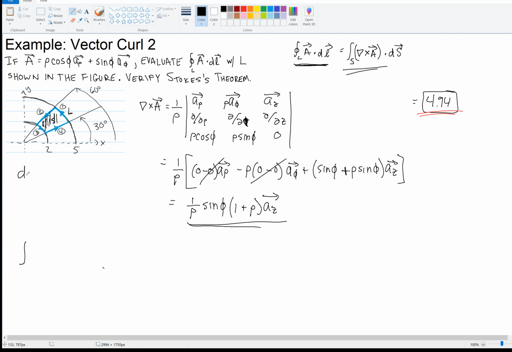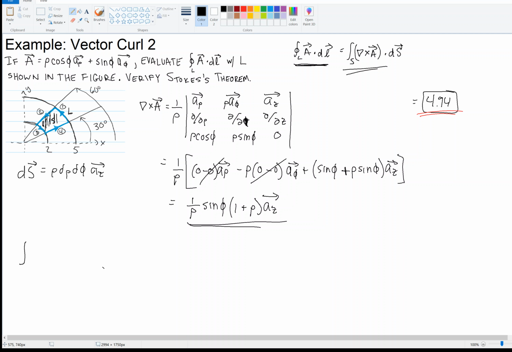So the only two things that are changing, of course, the radius changes from 2 to 5, and the angle changes from 30 degrees to 60 degrees, right? So our ds in this case is rho d rho d phi times a normal vector az, right?